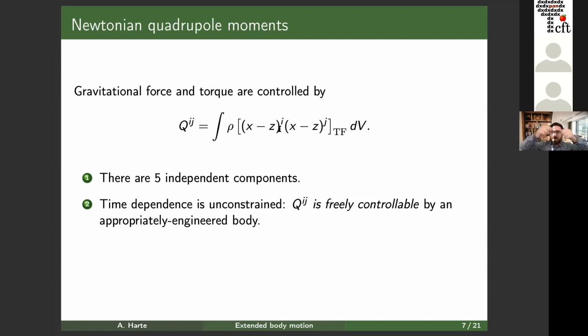For example, I can wave my arms around, in whatever time dependence I like, and I can change my quadrupole moment. I can make the time dependence of my arm waving anything that I want, up to limits of how quickly I can wave my arms. That means I can make my quadrupole moment be any function of time that I like. There are bounds because my arms are only so long, so I can only make Q so big, but the time dependence is arbitrary.